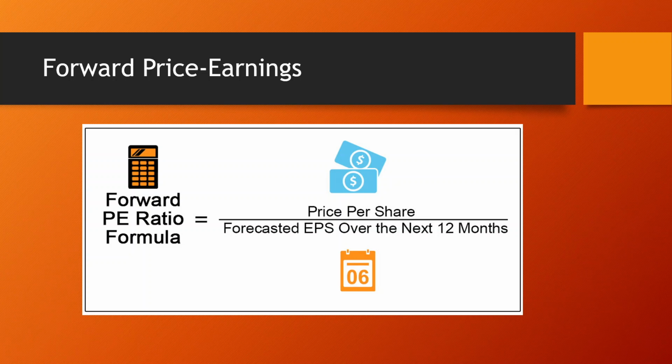And in my video about earnings per share, which I highly recommend that you watch, I talk about how earnings per share can be estimated by analysts. And this is basically what this price to earnings ratio uses. The forward price to earnings ratio uses estimates that analysts have given out to the public for the next 4 quarters of a company's earnings. That's basically what this forward price to earnings ratio uses.